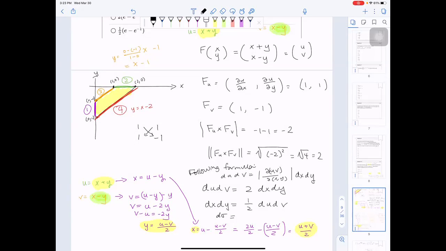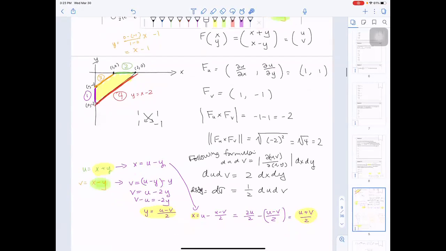Isn't this just the normal change of variables? I guess d sigma itself is dx dy. And we're changing variables to u and v.